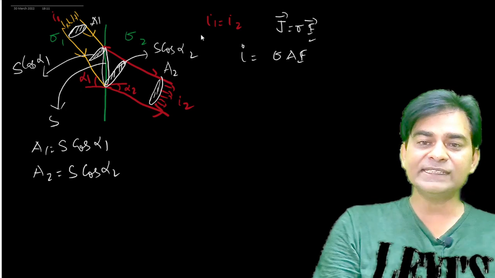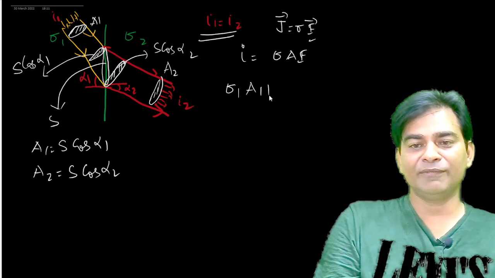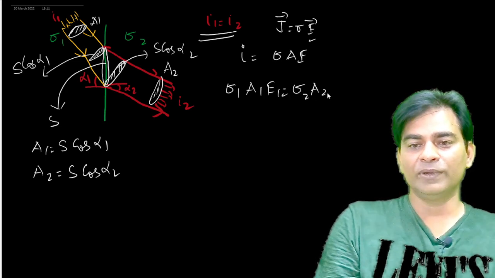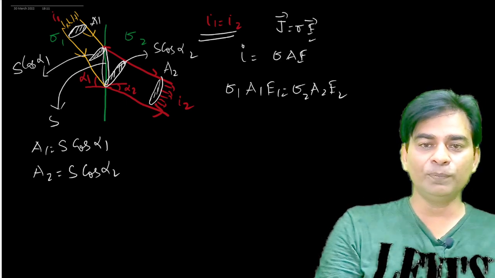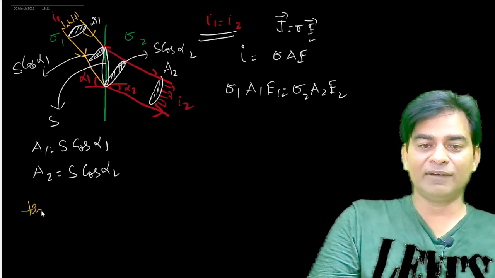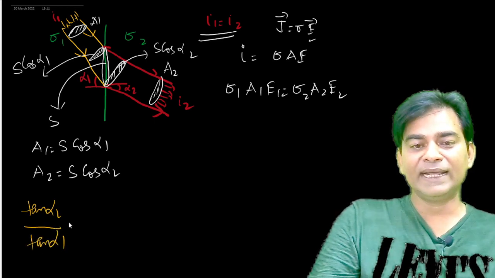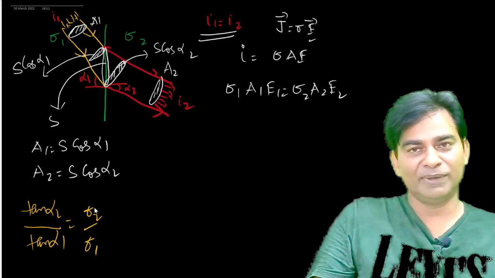And if I1 is equal to I2, then you can say sigma 1 A1 E1 is equal to sigma 2 A2 E2. And we have to prove that tan alpha 2 divided by tan alpha 1 is sigma 2 divided by sigma 1.